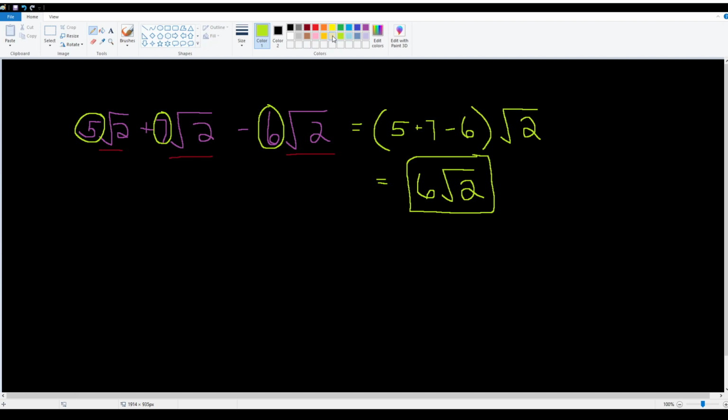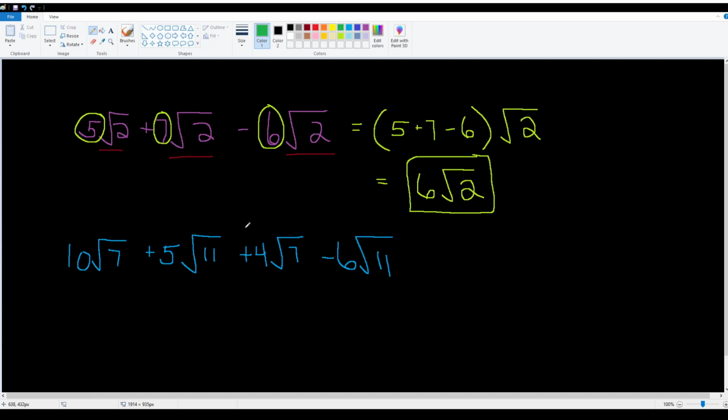All right, let's try one more. Let's say I had 10 radical 7 plus 5 radical 11 plus 4 radical 7 minus 6 radical 11. So here, unlike the other ones, all of my radicals are not the same.